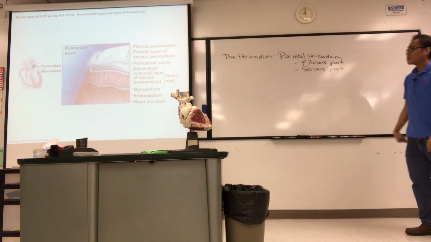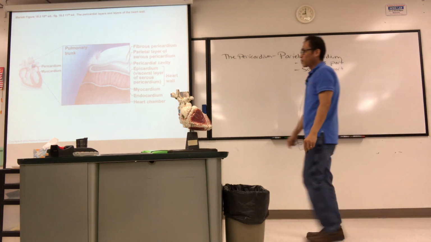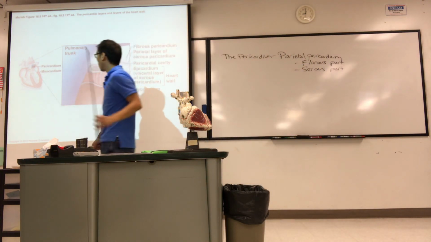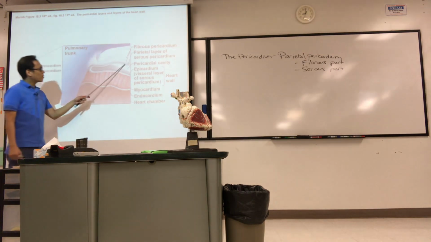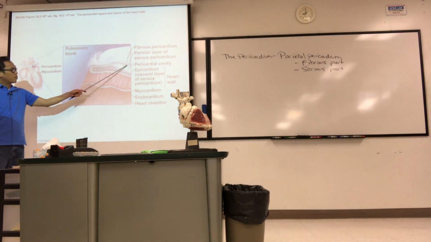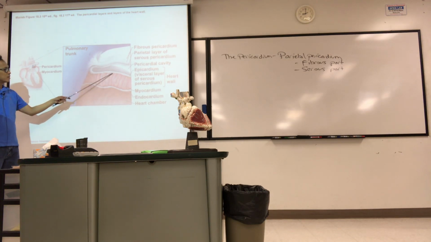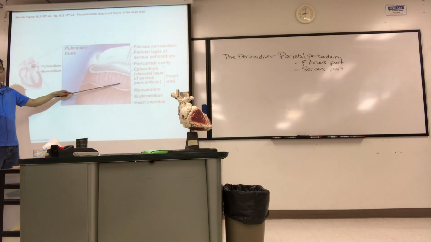So then you have the visceral layer. If you follow the serous pericardium, that's part of the parietal part, where my pointer is, and you follow it, you get to the great vessel of the heart, and it kind of turns in and is on top of the heart wall. That is the visceral pericardium.